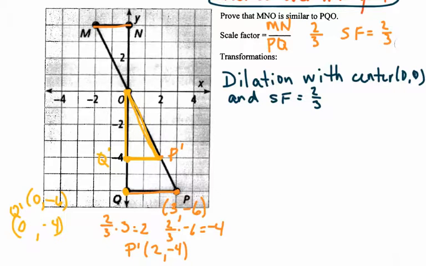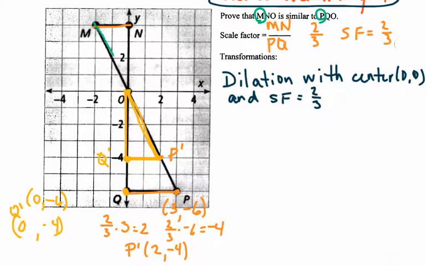So the orientation of MNO is clockwise, and the orientation of PQO is also clockwise, which means there is not a reflection. So that means it has to be a turn. So if I look at how I turn it, I'm going to match M and P together.